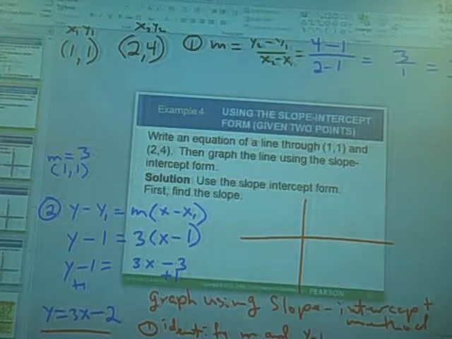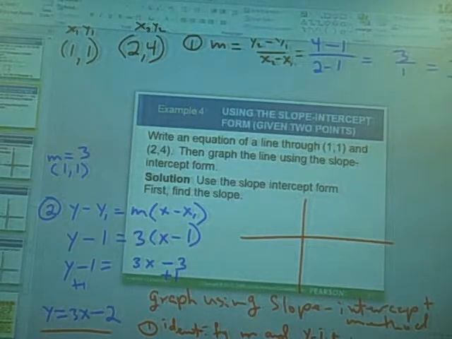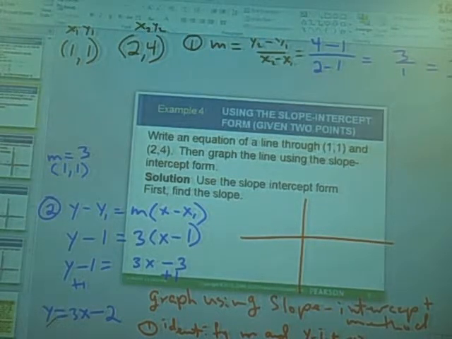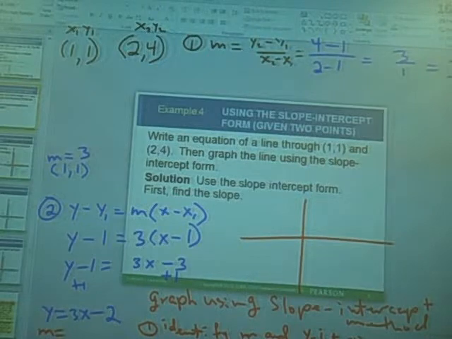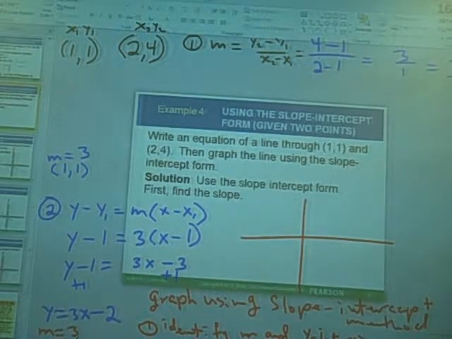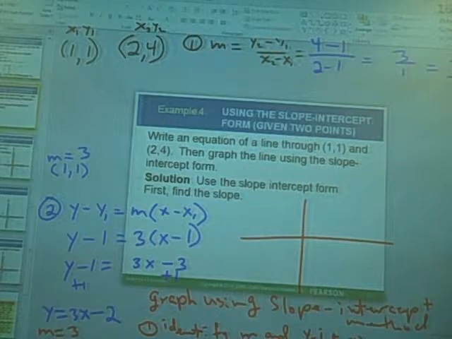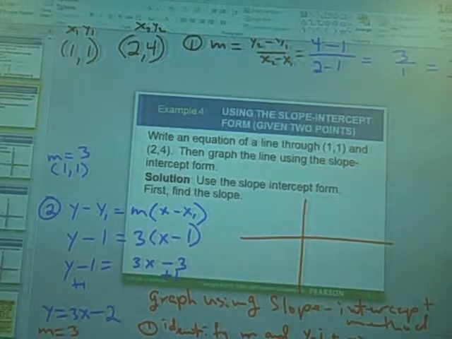In other words, B. Okay, so here, your slope is what? Dylan? 3. And how about your y-intercept? Negative 2. Okay, so we want to identify slope and y-intercept.